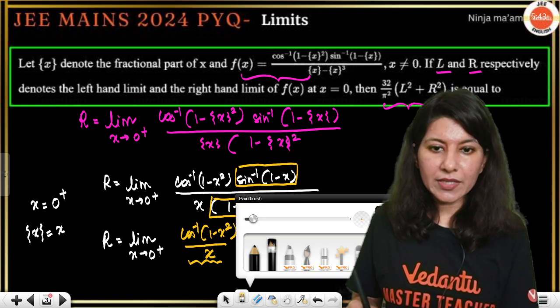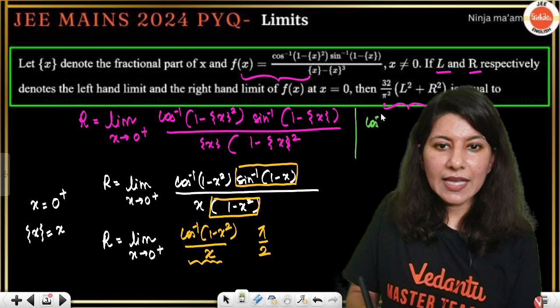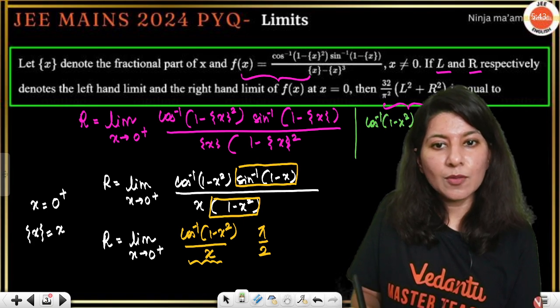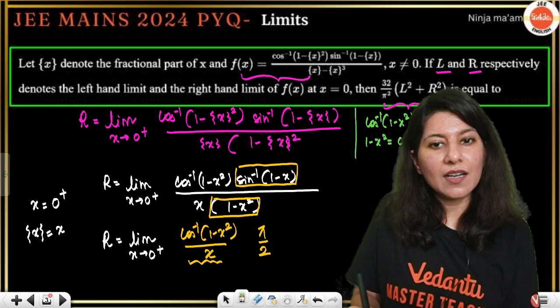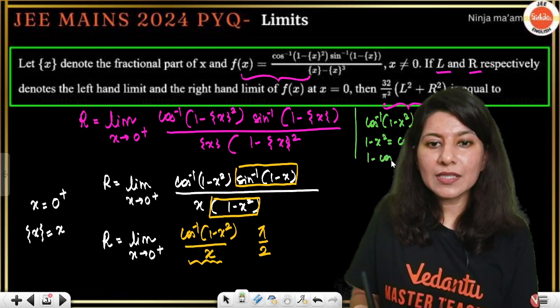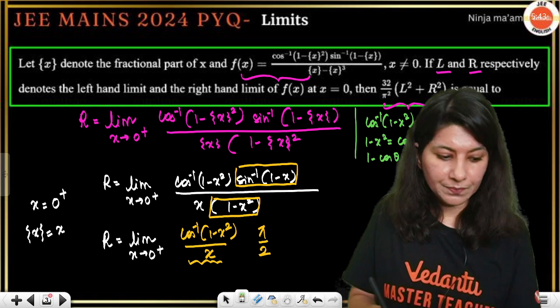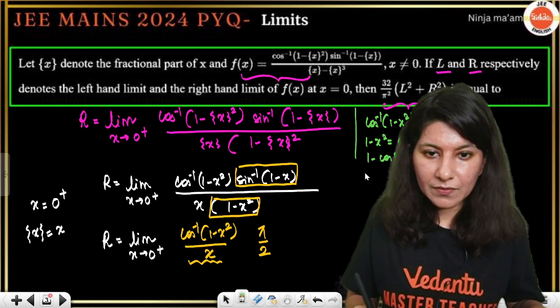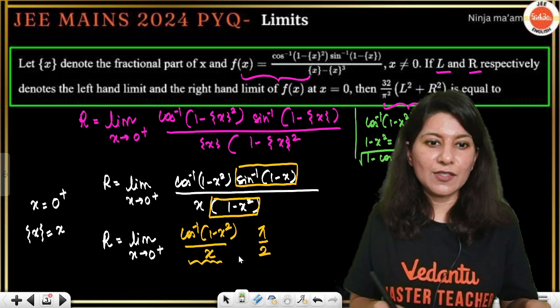So what we can do is, we can tackle this by taking cos inverse of 1 minus x square and putting it as theta. So 1 minus x square will become cos theta, and 1 minus cos theta becomes x square. So x will become square root of 1 minus cos theta.